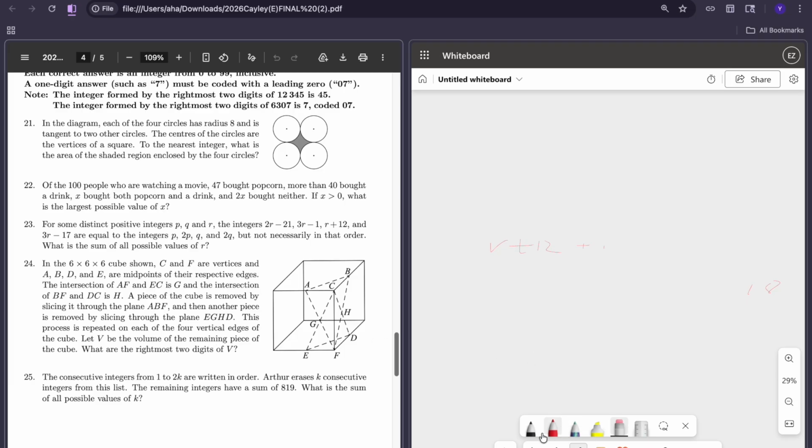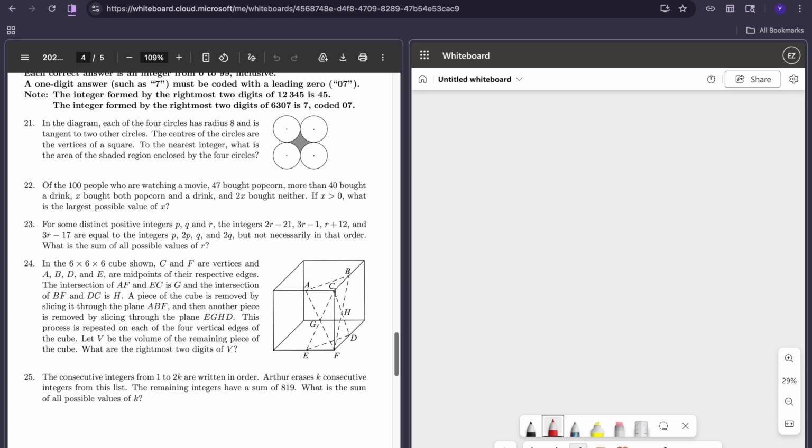Okay, this one is quite simple. Why? Because if you're doing things like this, we can see triangle ABF and triangle EDC are similar. Why? Because they have the same base and the same height, and the lengths of the 3 sides are the same, but they are just flipped around.